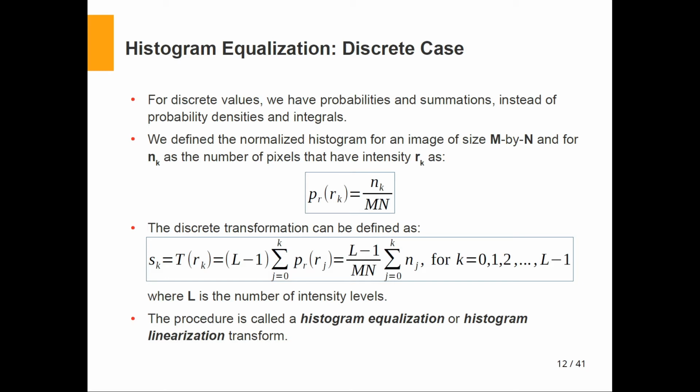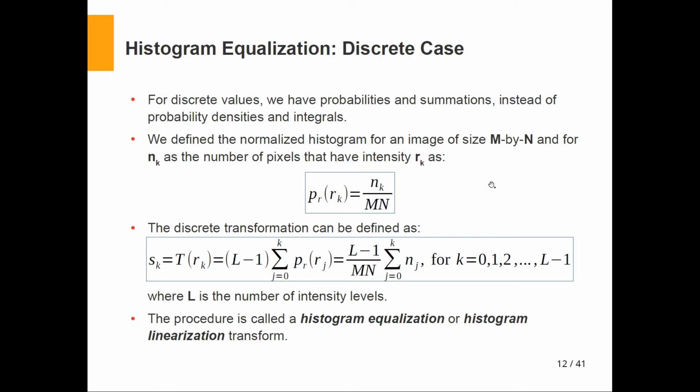So let's just quickly review the definition of the normalized histogram. So let's just say we have an image which is of size m by n, so m number of rows and n number of columns, and based on that we can define the normalized histogram in this form.